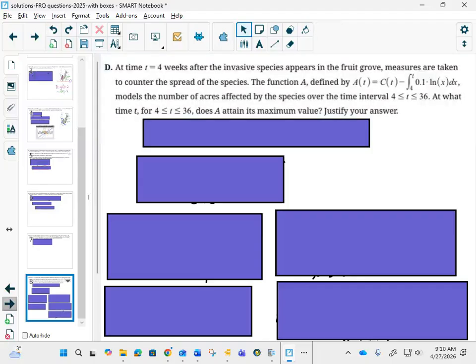At what time between 4 and 36 does A attain its maximum value?